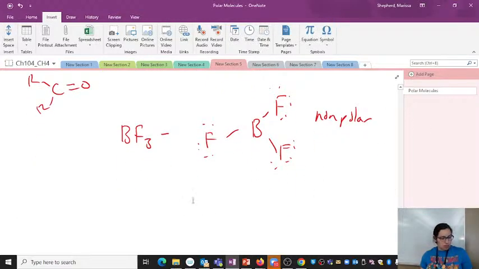And then let's try this one from your homework. So Cl2O. How would you name it? Is it polar, nonpolar? Can you draw a structure?